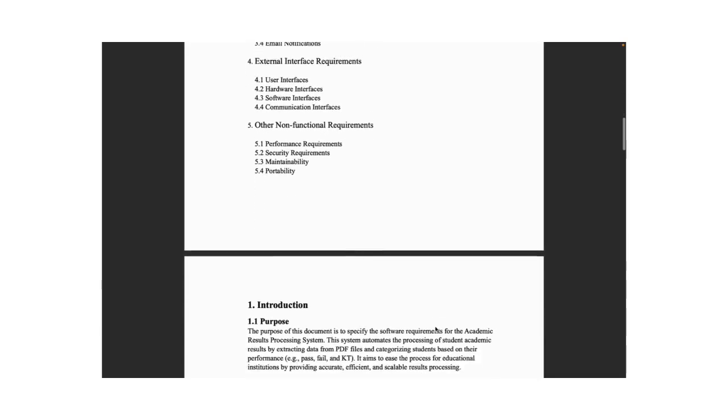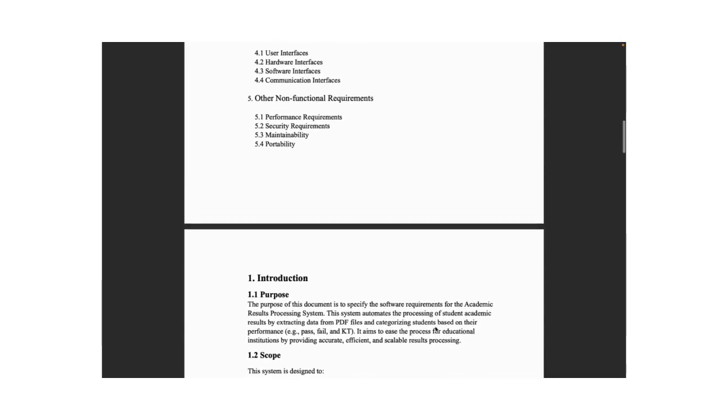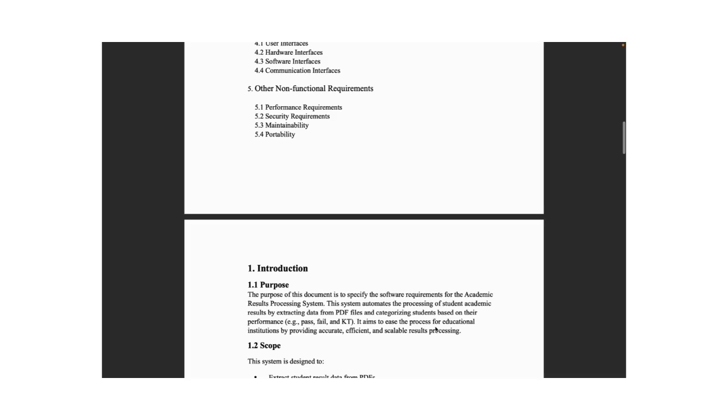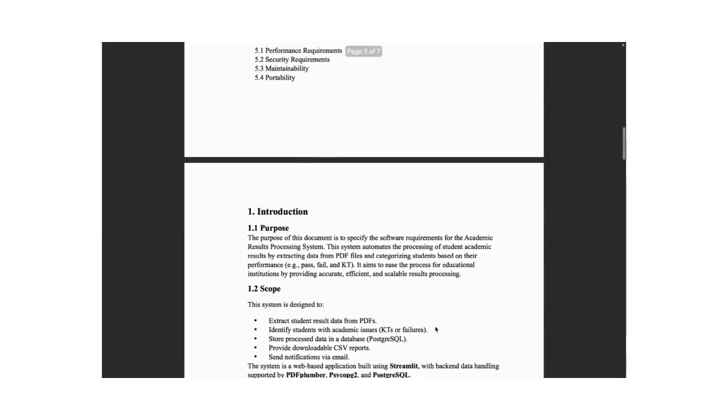Then system features, which contains file upload and PDF processing, data extraction, result calculation, and email notification. Then external interface requirements, which contains user interfaces, hardware interfaces, software interfaces, and communication interfaces. Now, the next part is other non-functional requirements, which contains performance requirement, security requirement, maintainability, and portability.